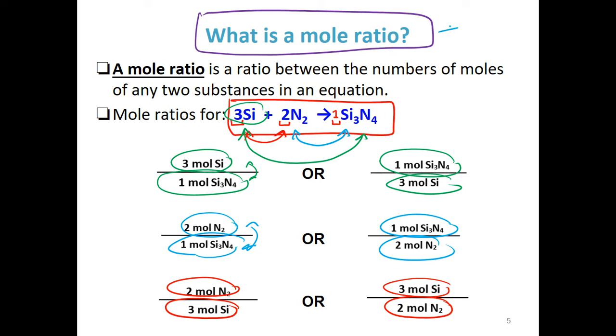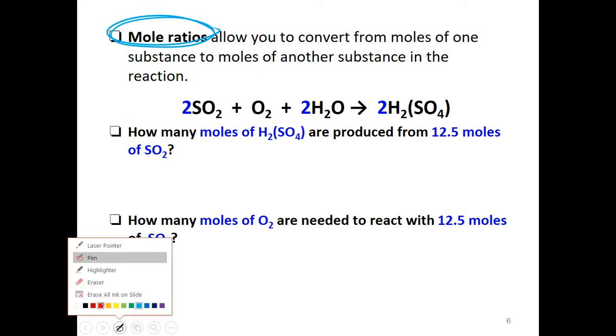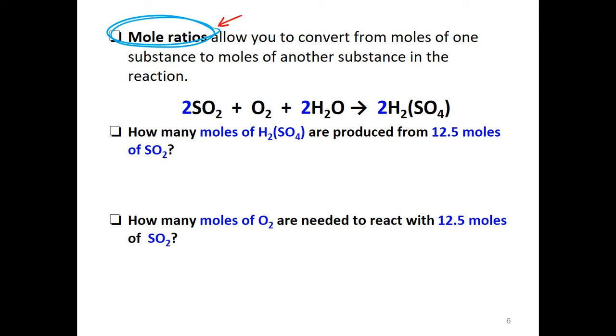These are all called mole ratios, and those are the mole ratios you can write for a chemical equation that is balanced. The important thing about mole ratios is they are the ones that help you do the dimensional analysis for stoichiometry.